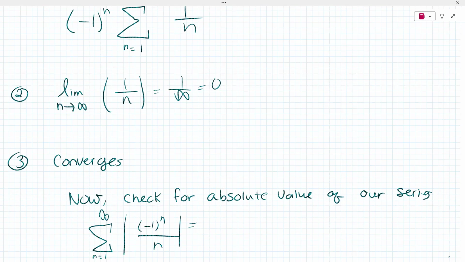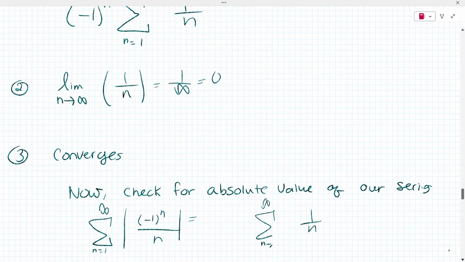Just remember, when you take the absolute value, anything in an absolute value becomes positive. When we took out the alternating part, we get 1 over n. That was our leftover.